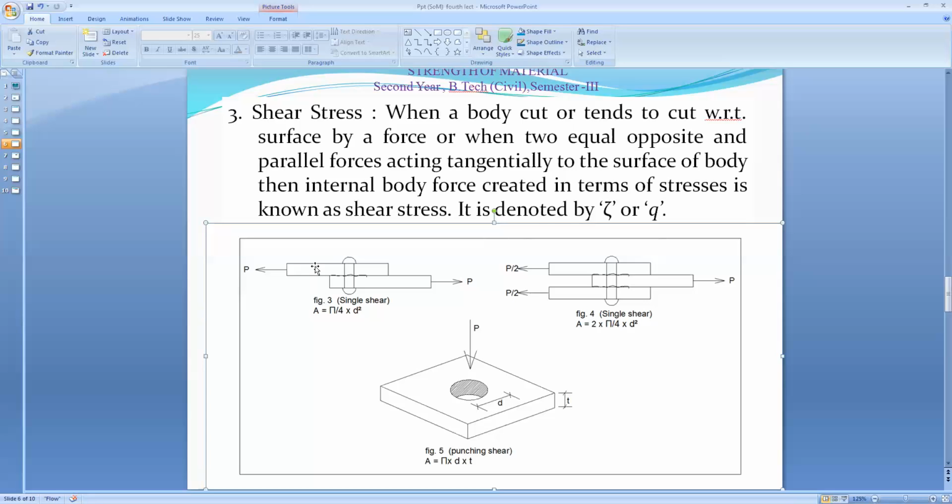In the figure, there are two P forces: a single P acting towards the right and another towards the left. One P is an active force and the other is a reactive force, acting on plate number 1 and plate number 2.